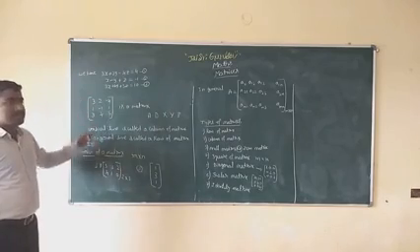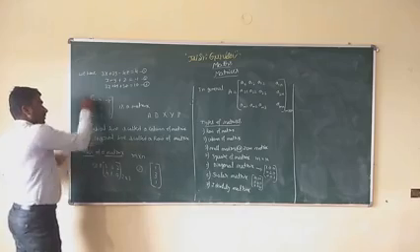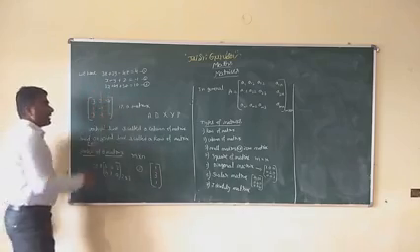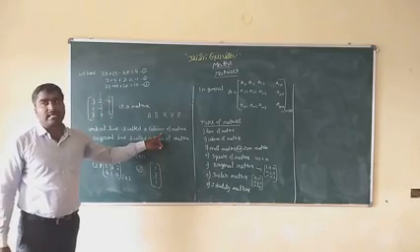In a matrix, this is a vertical line. These vertical lines are called columns of the matrix. What is a column of a matrix?